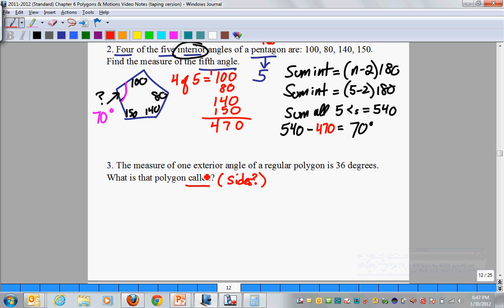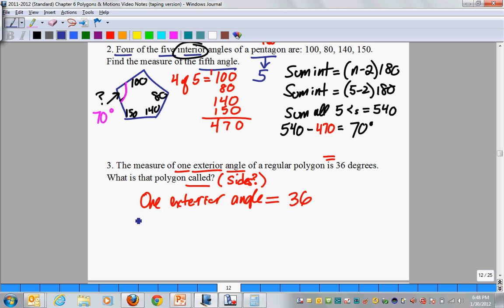So the measure of one exterior angle is an equal sign, 36 degrees. How many sides does it have?